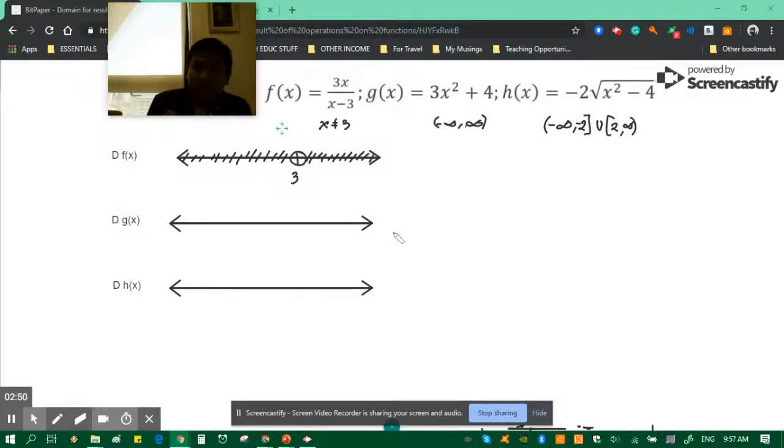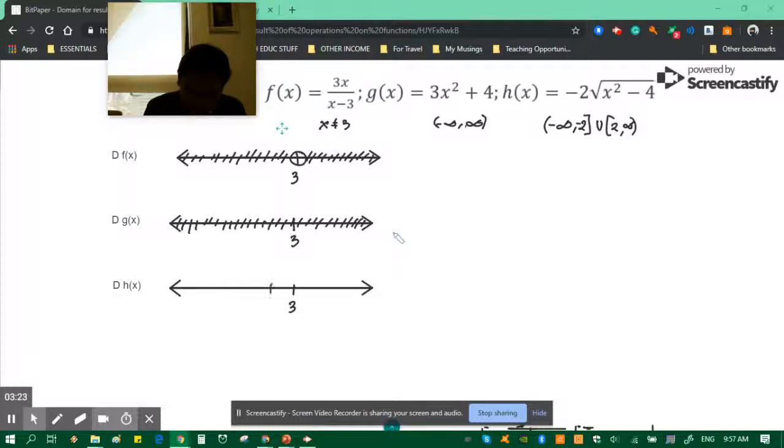For g of x, all real numbers are allowed, so we can shade every value here. It's also marked 3 there. While for h of x, let's put the 3, so it's going to coincide and overlap properly.